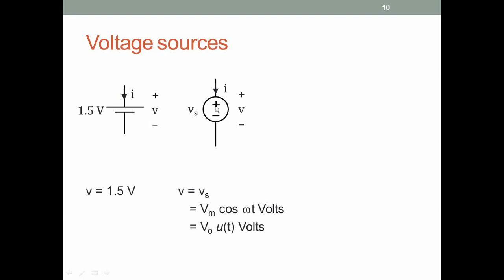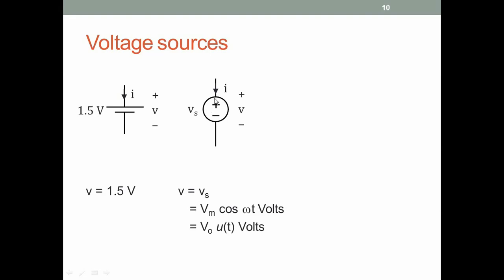So the fundamental thing we recognize about a voltage source is that the voltage across a voltage source is always constant, independent of the current through it. The current through a voltage source can be anything. The voltage is always constant. So for example, for this 1.5 volt source, the voltage is always 1.5 volt, independent of the current. Here, the voltage is always Vs, independent of the current.